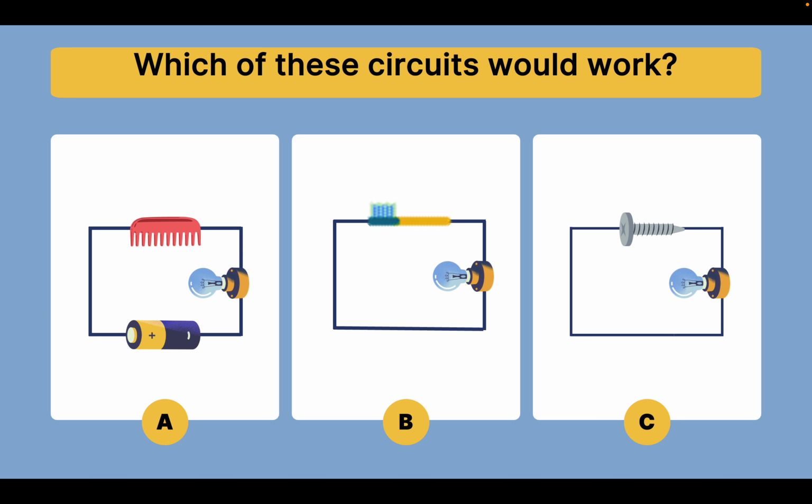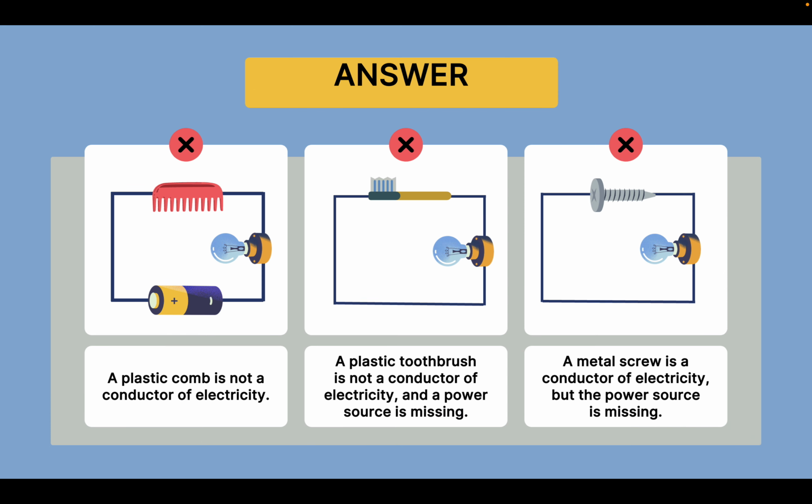So ask your students, which of these circuits would work? A, B, or C? Actually, in my case, most of my students choose C, but actually all of them get the correct answer because none of them works. Because in picture A, the plastic comb is not a conductor of electricity.